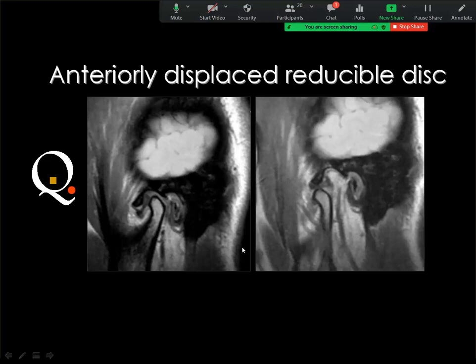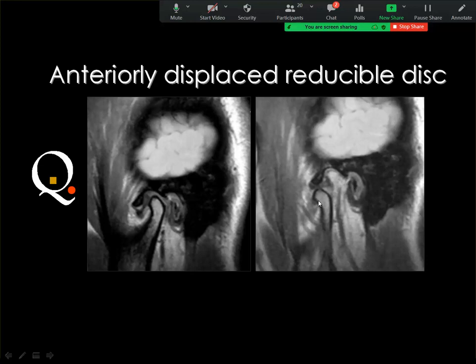This is the articular disc in normal conditions, both in the closed mouth and open mouth. This narrow part of the disc should be located between the temporal eminence and the mandibular condyle, and this narrow part is slightly displaced anteriorly.